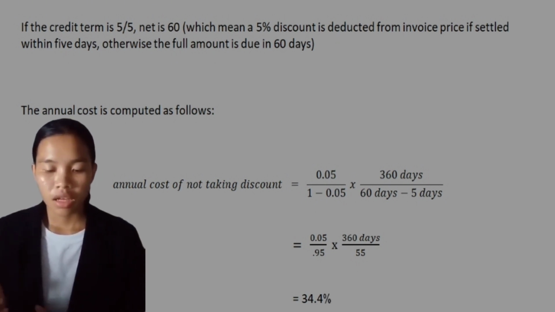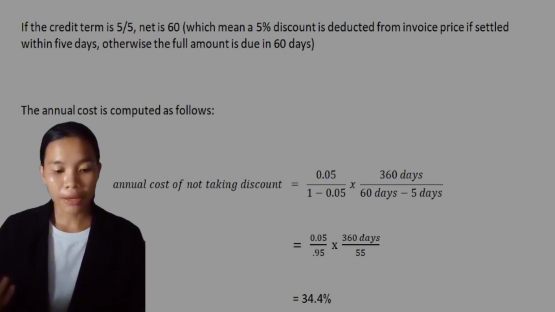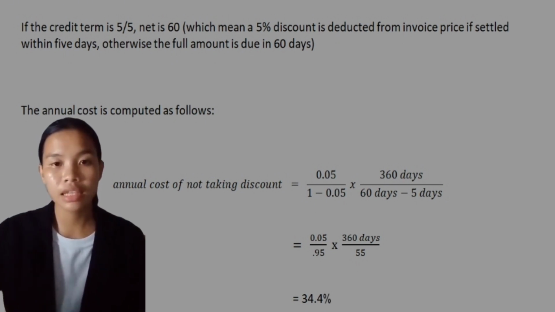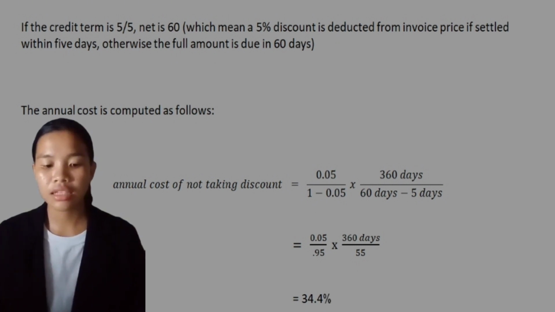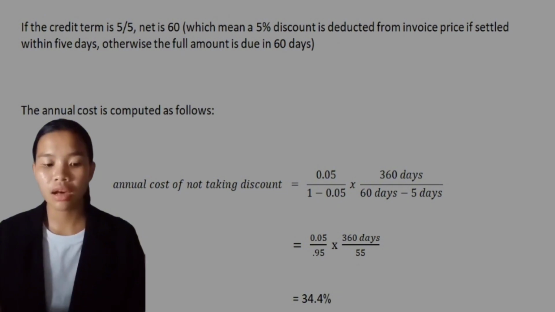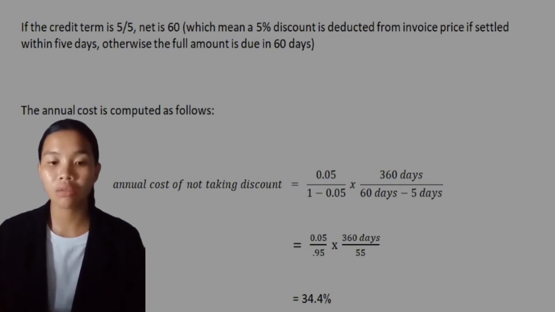So, the discount is 5%. So, the 5% over 1 minus 5%, times the 360 days which is given, over the 60 days which is the number of days credit minus the 5 days which is the discount period.